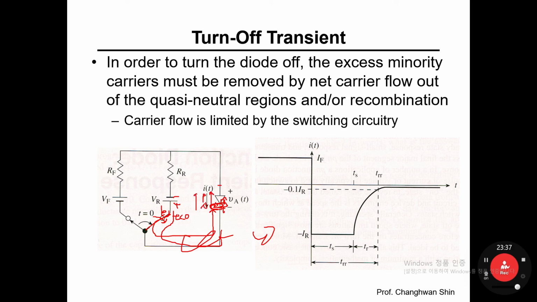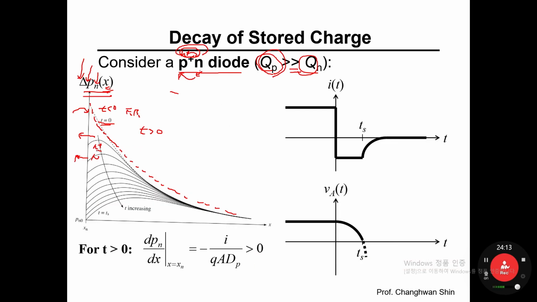So the current is flowing from N to P. Since there are too many stored holes available in the N-side quasi-neutral region, once you apply a voltage onto the N-side, many holes are ready to move toward the P side. That is the main reason why we can treat this PN diode as kind of a short circuit. So here the stored holes are now moving toward the P side.